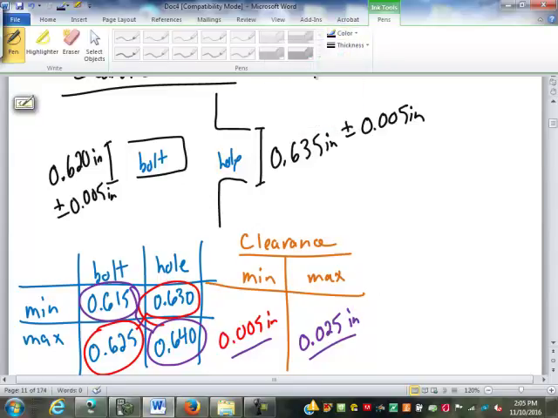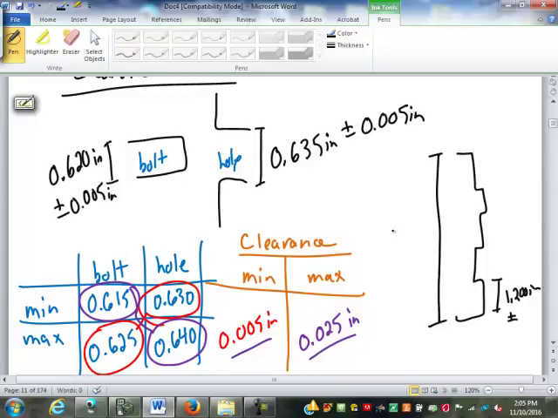Tolerance stacking, tolerance buildup. Technically, tolerance stacking is, let's say I have a part that has several features. Each one has a tolerance. Let's say this is 1.200 inches, plus or minus, whatever. Let's say all of them are at the plus side of their tolerance. Well, then the whole dimension here can be off by like half an inch.